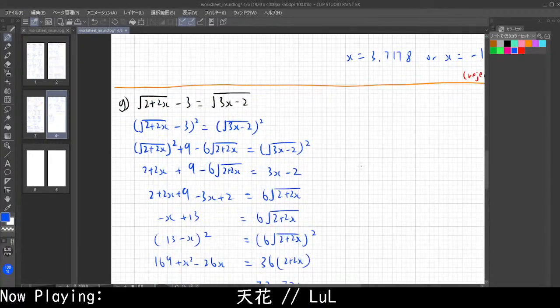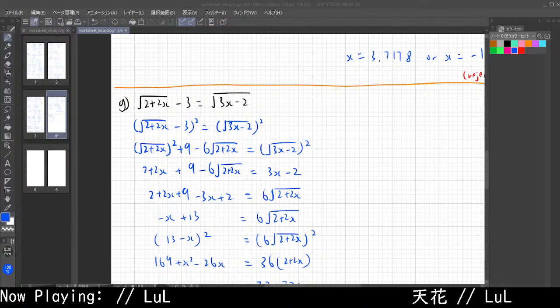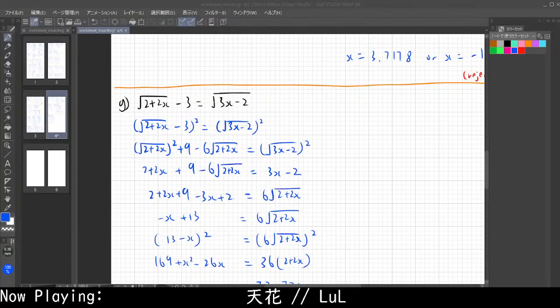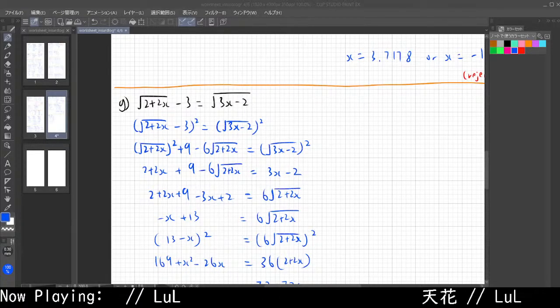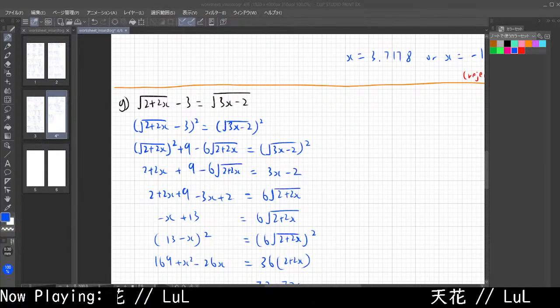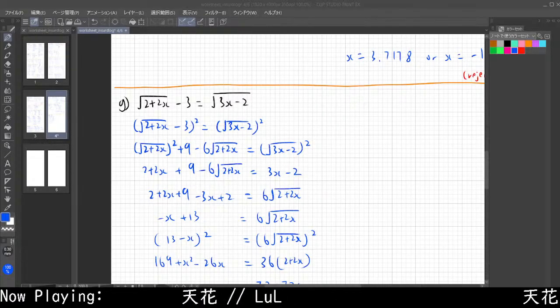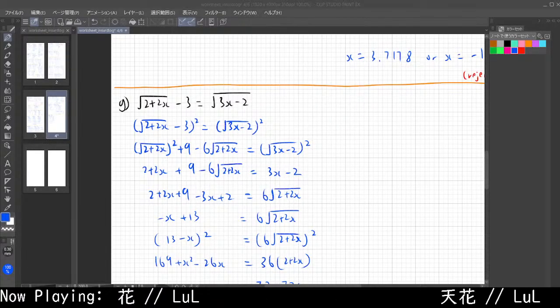So give me a moment. Okay, let's see what Wolfram Alpha says. What solutions exist? Yeah, no solutions exist.